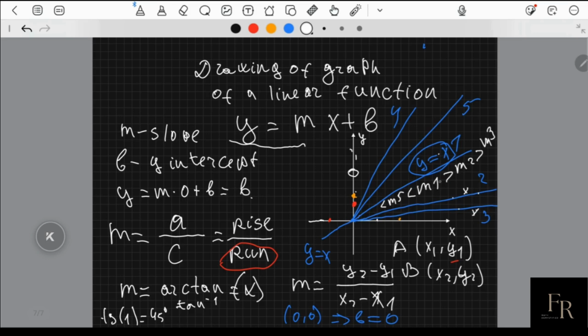Sorry, let me say it again: m1 is bigger than m2, bigger than m3, but m1 itself is smaller than m5 and smaller than m4. So m4 is bigger than m5, and this is bigger than m1. This is bigger than m2, bigger than m3.